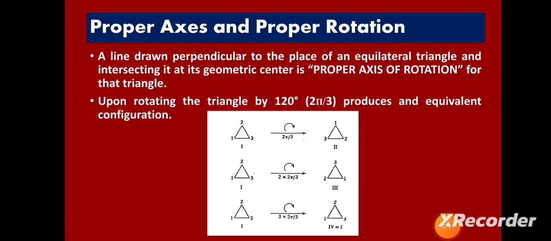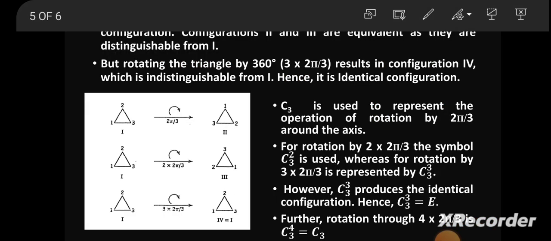So, coming to the topic, proper axis and proper rotation. Let us consider a triangle with the edges marked with numbers, and a line is drawn perpendicular to this equilateral triangle, intersecting through the geometric center, and this is called a proper axis of rotation for that triangle. Now, using this line as the axis, rotating the triangle by 120 degrees or 2 pi by 3 produces an equivalent configuration denoted by Roman numeral 2, as shown in the figure.